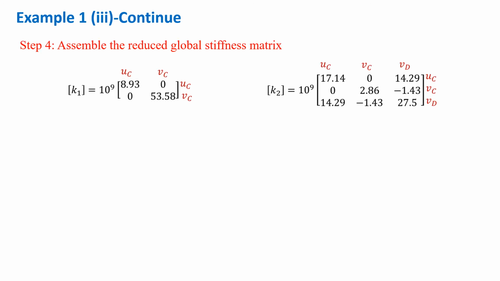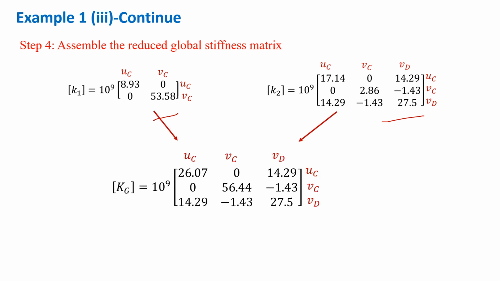After we determine the reduced K matrix for element 1 and element 2, the next step is to assemble the reduced global stiffness matrix as shown in this slide.